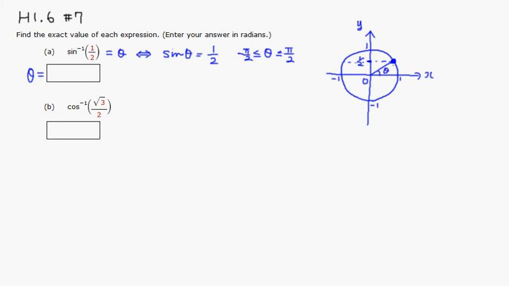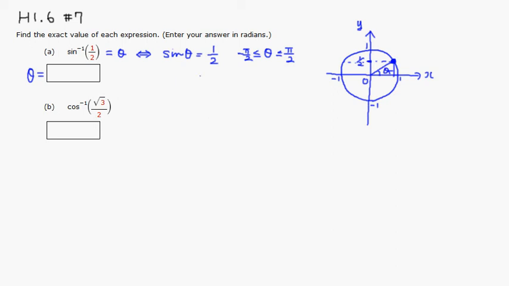If you look at the right triangle you can form here, this is going to be a 30-60-90 triangle. So we know that theta is going to be 30 degrees, which is pi over 6.